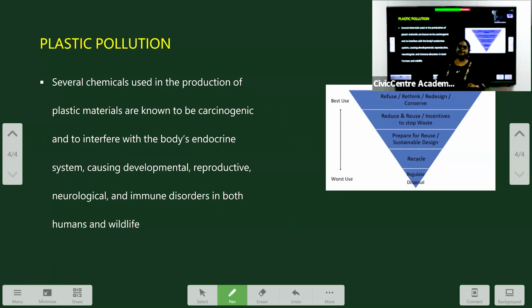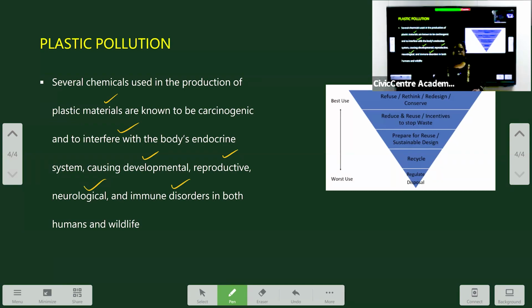Now, the chemicals used in the production of plastic materials are also carcinogenic, that is, they cause different kinds of cancers, and also interfere with the body's endocrine system and create hormonal imbalances in human beings and animals. So they also cause developmental, reproductive, neurological, and immune disorders in both humans and wildlife.